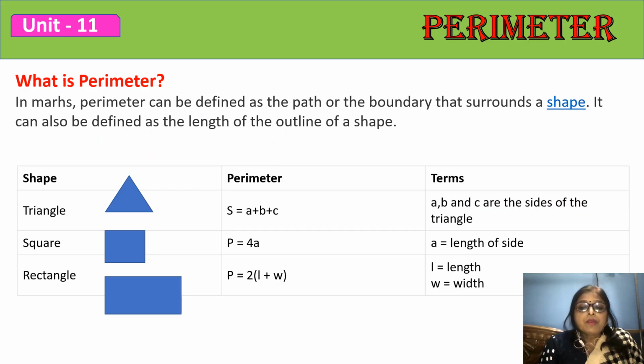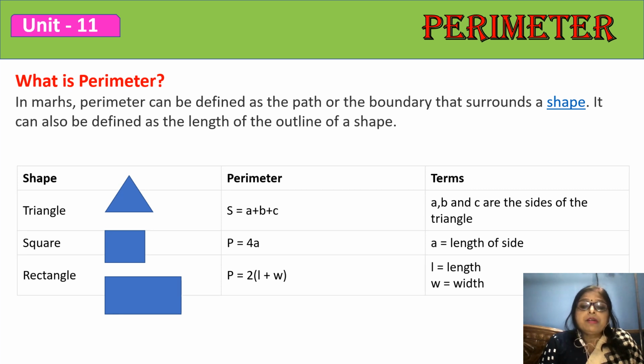Dear kids, once again I am going to recall the perimeter, whatever I discussed in the earlier classes. As you know, perimeter can be defined as the path or the boundary that surrounds a shape.